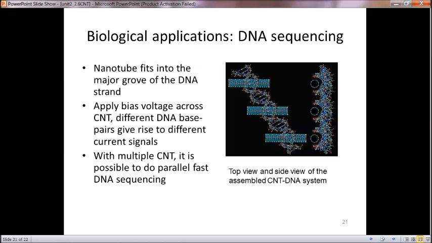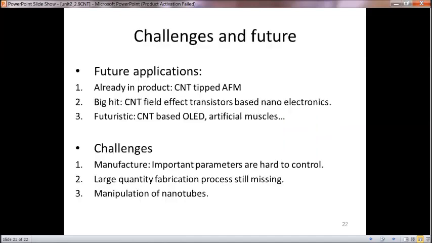And the challenges and future applications with the CNT are: it's already in product in the form of the CNT tipped AFM, and it's having a big hit with CNT field effect transistor based nanoelectronics. In future, CNT based OLEDs and artificial muscles can also come. The challenges are, while manufacturing, important parameters are hard to control.